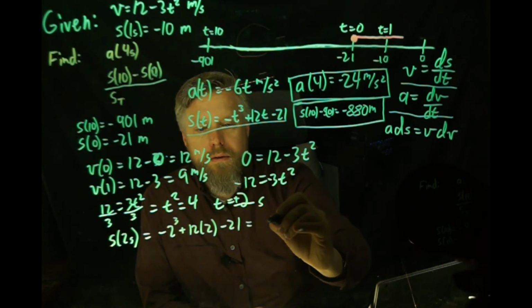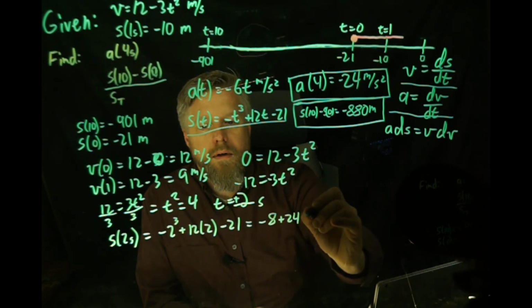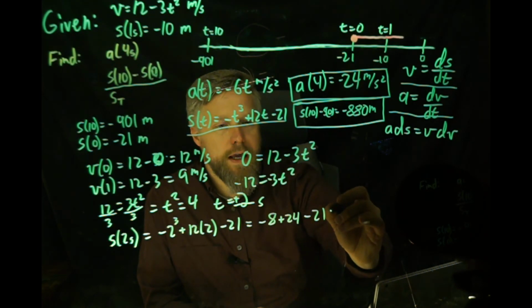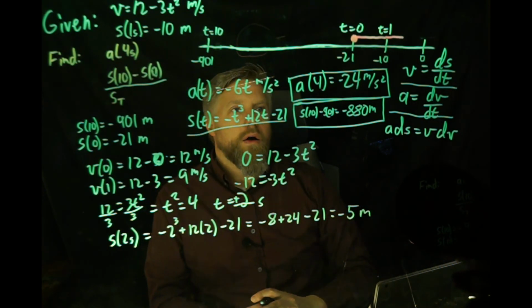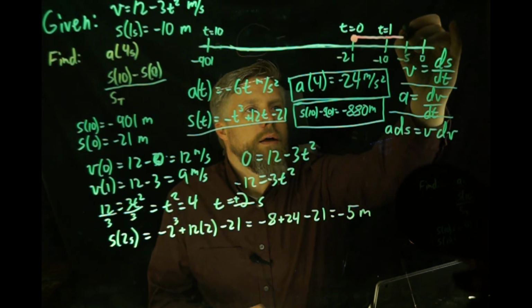That would be equal to negative 8 plus 24 minus 21. And it looks like we got negative 5 meters. OK, so somewhere right around here, negative 5, we've got t is equal to 2.